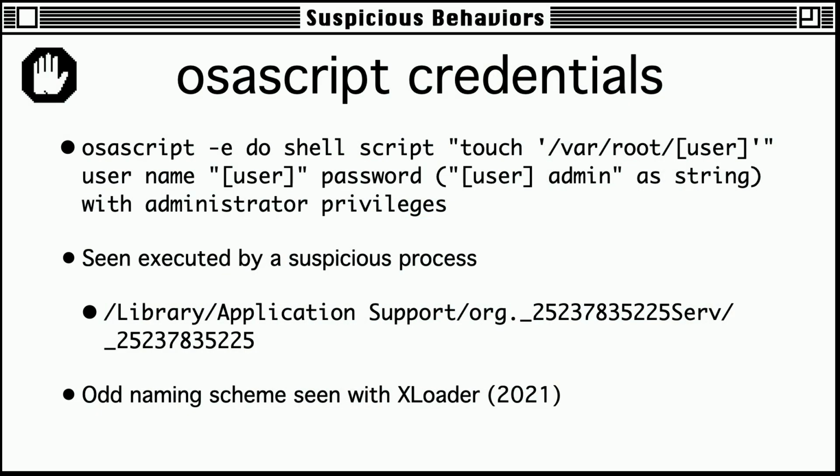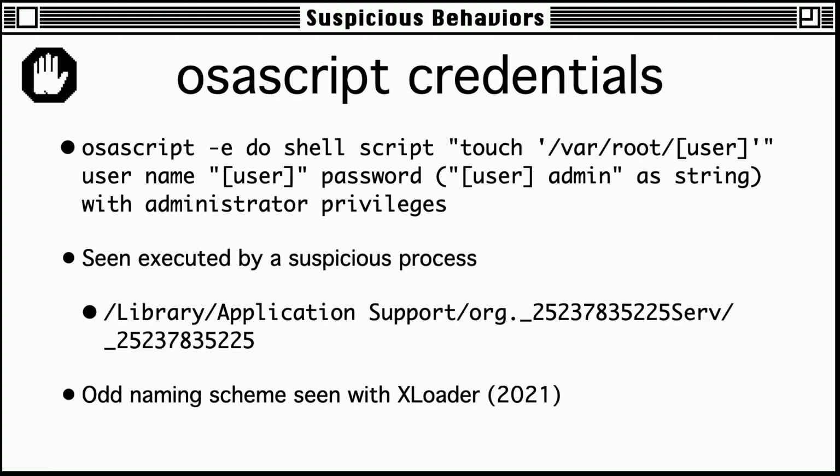Using osascript to get credentials. This is another very, very common attacker behavior. So you'll see things like osascript, do shell script, and then some other things. In this case, it's trying to get some information, and it's got with administrator privileges, so that will prompt you with a legit macOS authentication dialog where you're going to enter your credentials, and then that escalates this to root, and it's able to get this information.